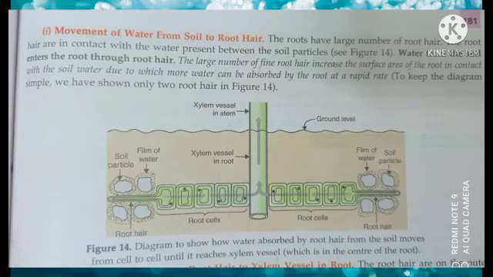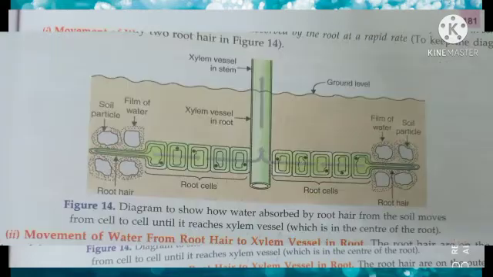Let us now discuss in detail how water reaches from soil to xylem vessels in roots. First, let us discuss how the movement of water takes place from soil to root hair. Look at the figure 14. We see that the roots have large number of root hair, isn't it?